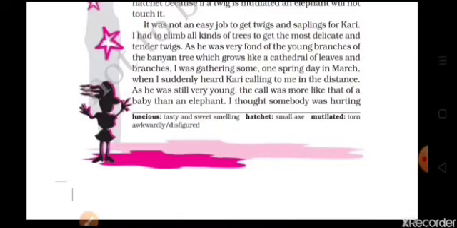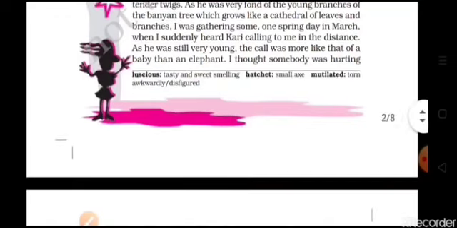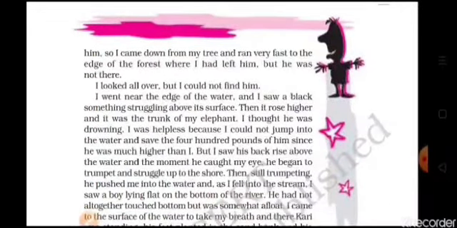As he was still very young, the call was more like that of a baby than an elephant. I thought somebody was hurting him, so I came down from my tree and ran very fast to the edge of the forest where I had left him, but he was not there. I looked all over, but I could not find him.